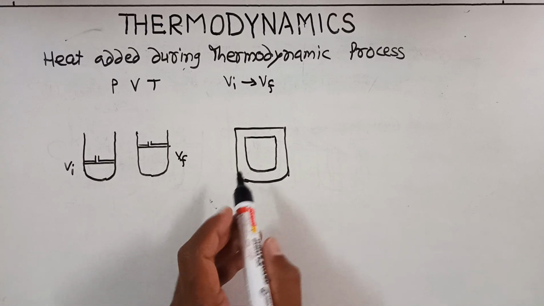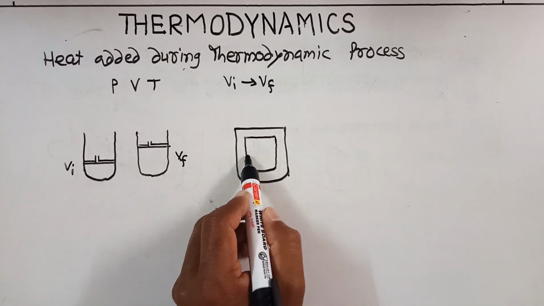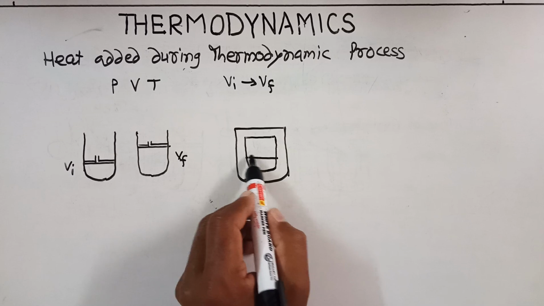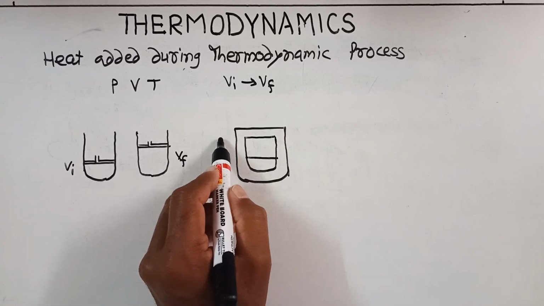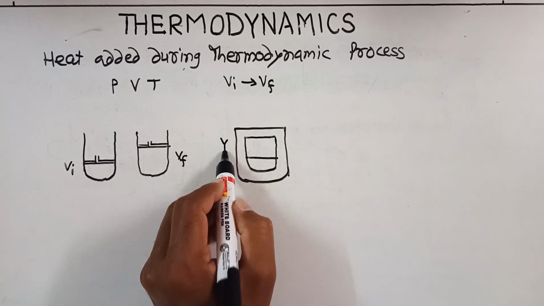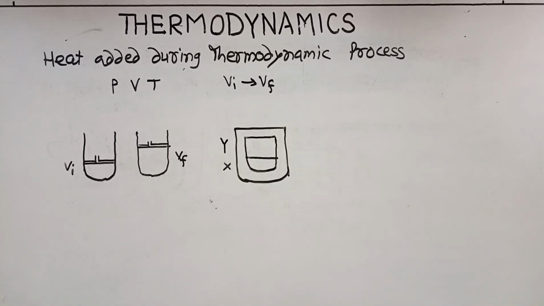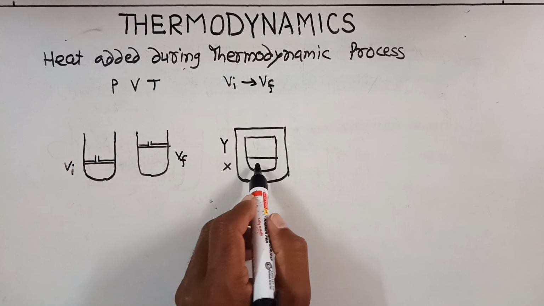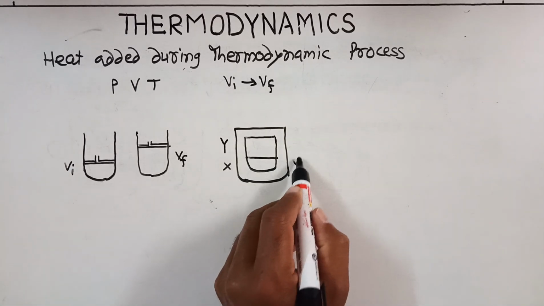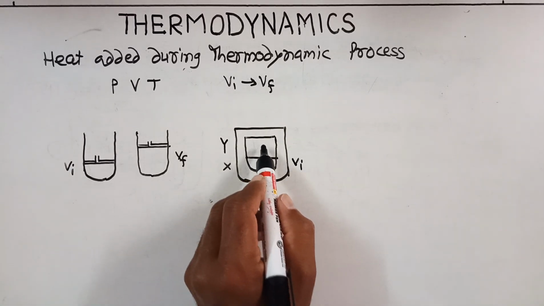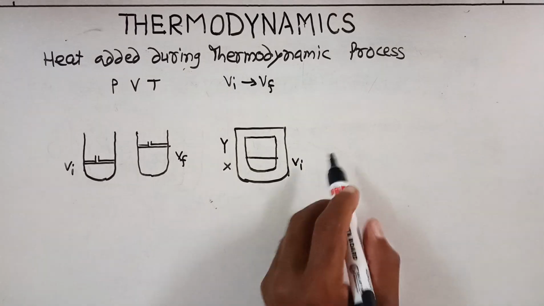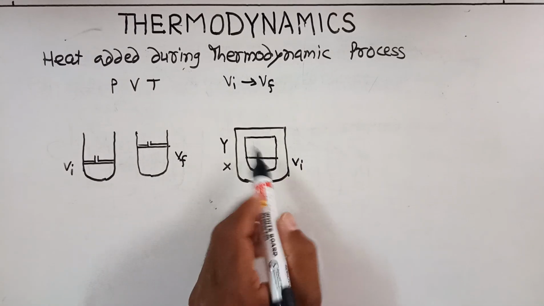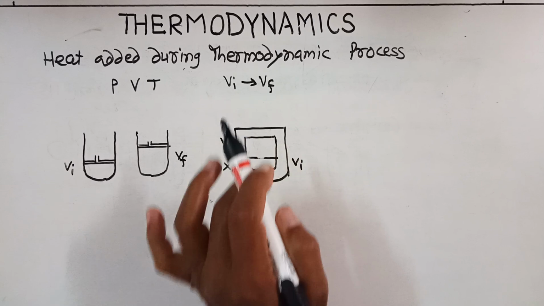Now let us consider there is a breakable piston, which divides this into two parts. This is the lower part and this is the upper part. The lower part has volume Vi, and the upper region is empty. Now this breakable piston is broken.